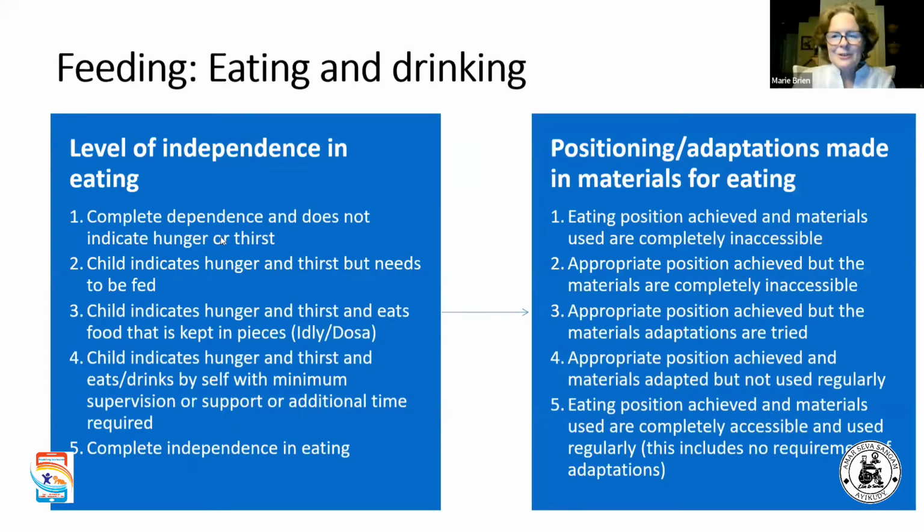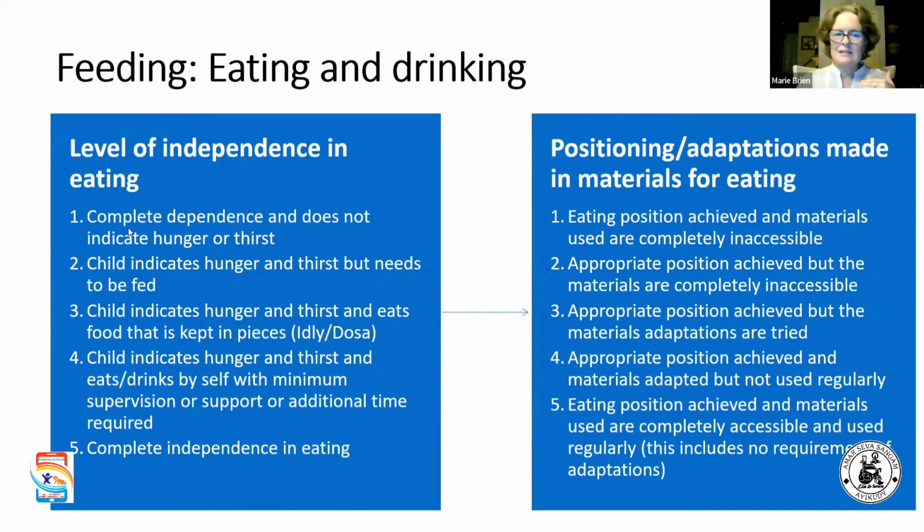So let's look at how our app is designed to look at the level of independence in eating. Within the Enabling Inclusion app, we have different levels of independence in eating, where we identify where the child is placed right now.